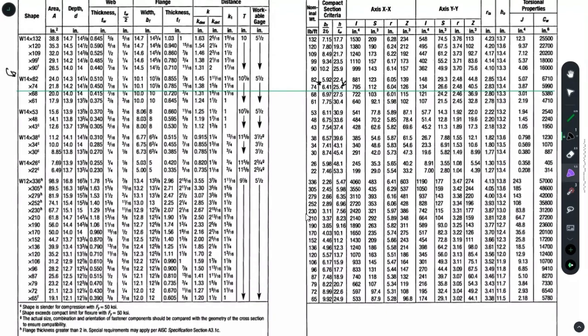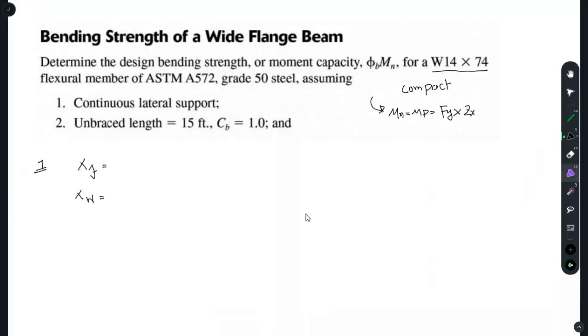One is 6.41, the other one is 25.4. We will compare these values with the limiting slenderness. So for the flange, bf over 2tf is given as 6.41, and for the web, h over tw is equal to 25.4.